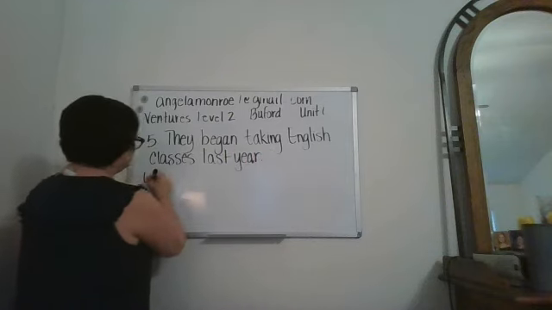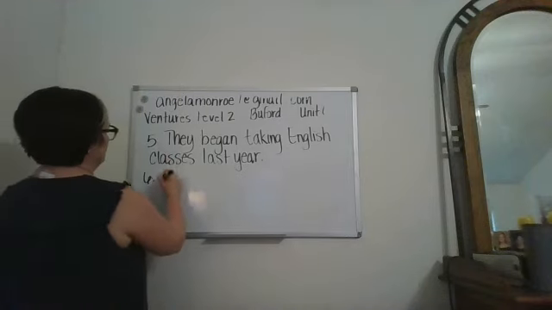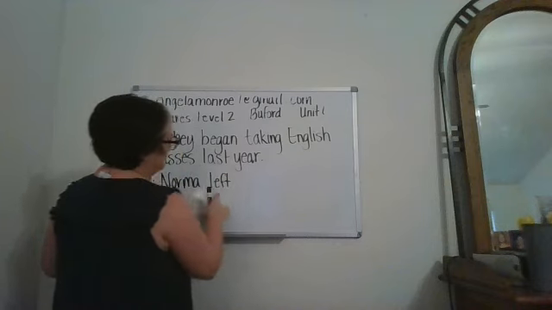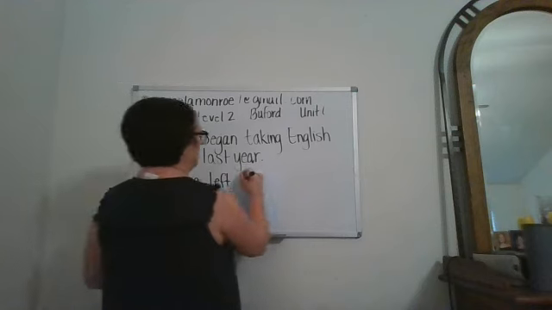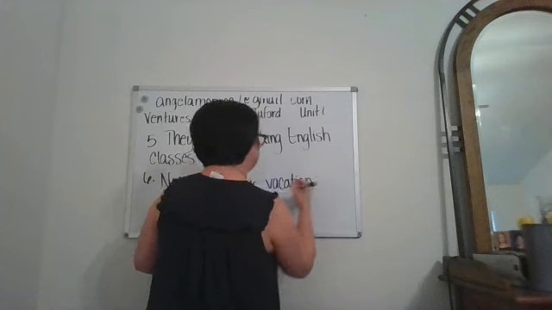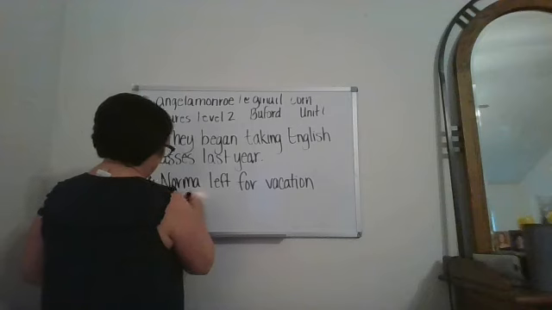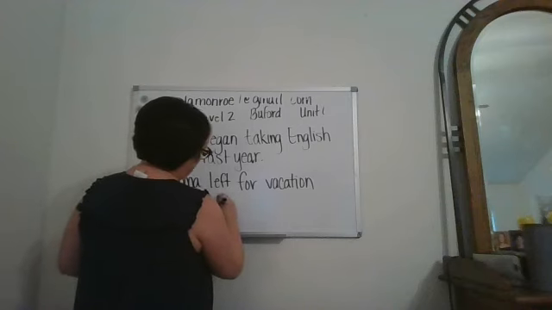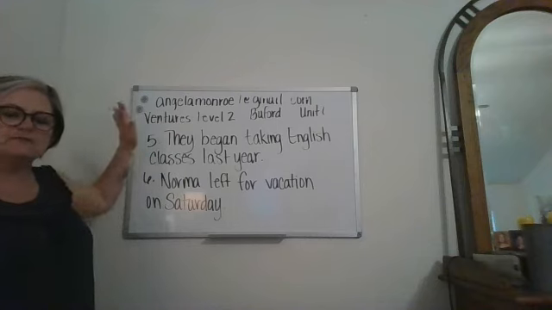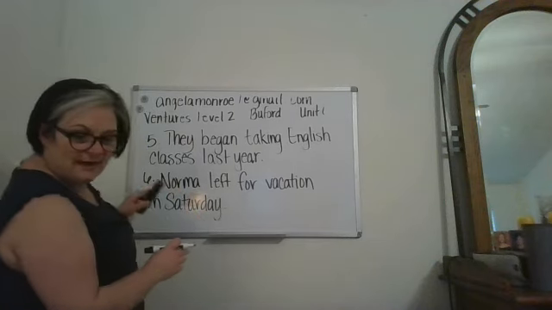Okay. Number 6 says, when did Norma leave for vacation? Norma left. So there's our irregular past tense verb. For vacation on Saturday. I'm going to remind you that if you need to see these longer, go ahead right now and stop your video. Otherwise, I'm going to erase and we're going to keep on to part 4 on page 69.